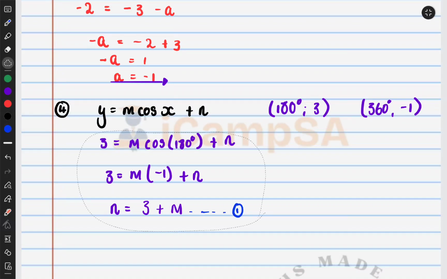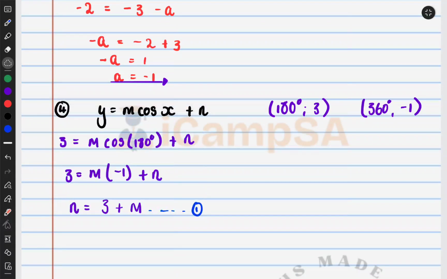Let's find equation 2 by substituting 360 degrees and -1. So it's going to have -1 is equal to m into cos of 360 degrees plus n. What is cos 360?